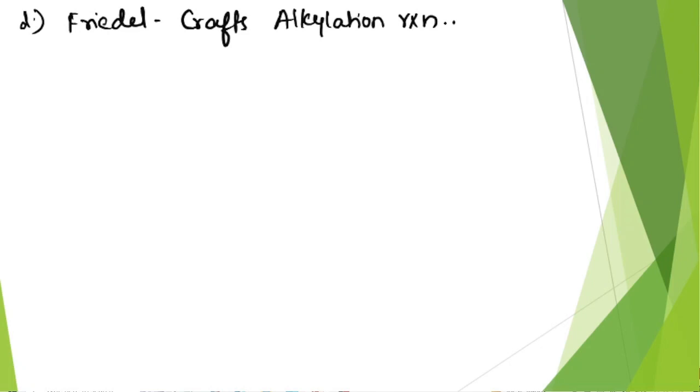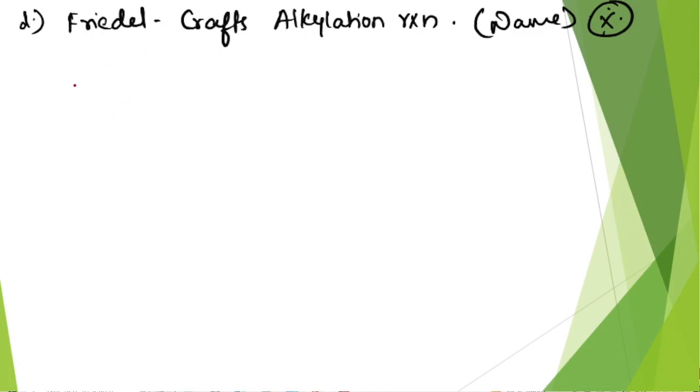So actually this Friedel-Crafts alkylation reaction is a name reaction, so it is very important. At the end of this video, I'll list out the name reactions we have studied till now, and those are all very important name reactions in this chapter. So you have to be thorough with that. Okay. So Friedel-Crafts alkylation reaction.